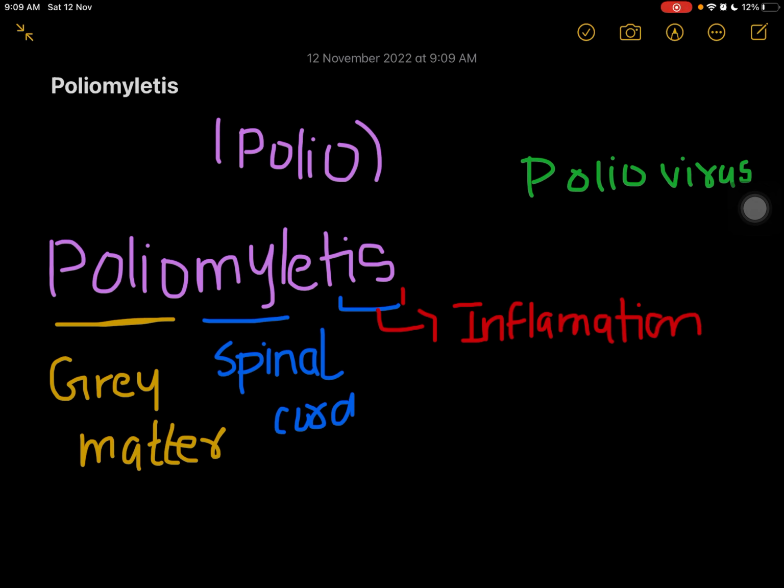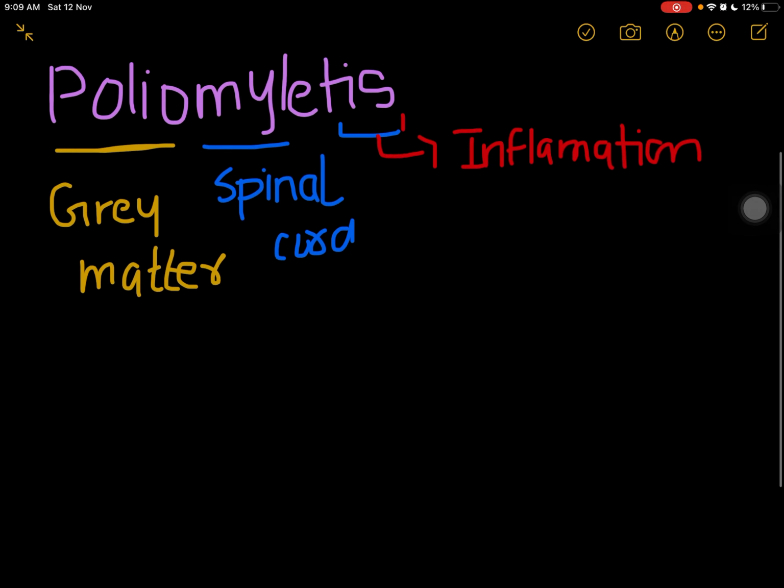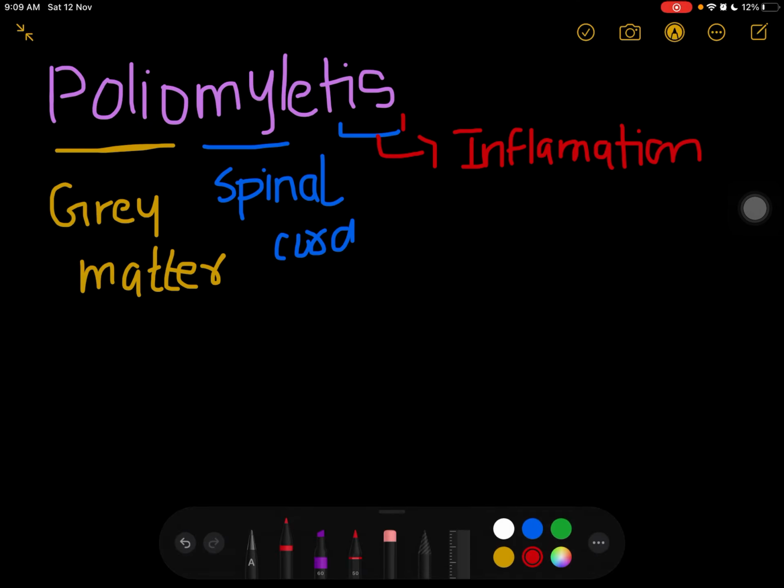So basically poliomyelitis means inflammation in the gray matter of the spinal cord.